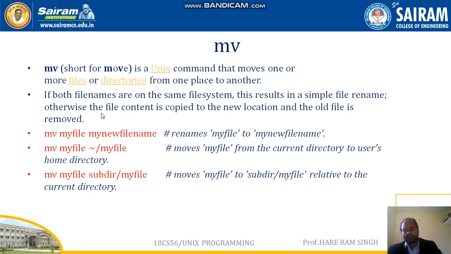Suppose I have some contents in my file and I want to rename my file name to my new file name based on our application and requirements. So I can use mv myfile mynewfile. It renames myfile to mynewfile.